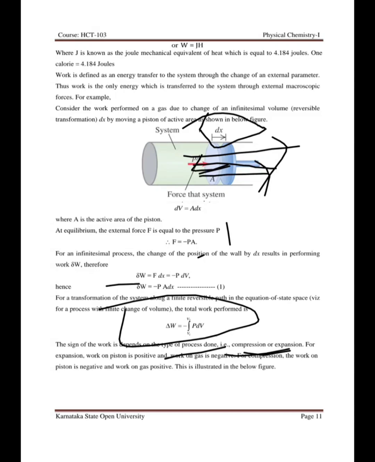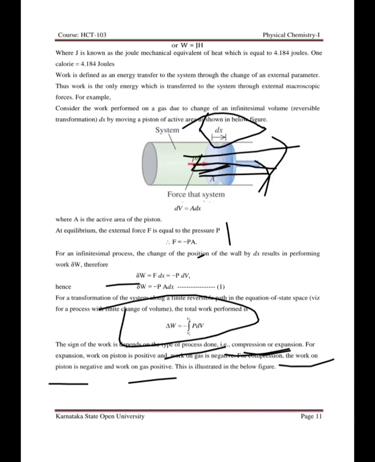See, for compression, the work is done on the gas. Work on the piston is negative, while the work on the gas will be positive. You got it? Why is the negative sign indicated here? With respect to pressure and the active area of the piston.